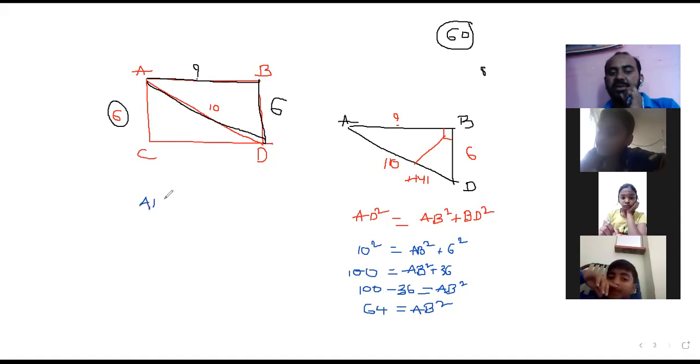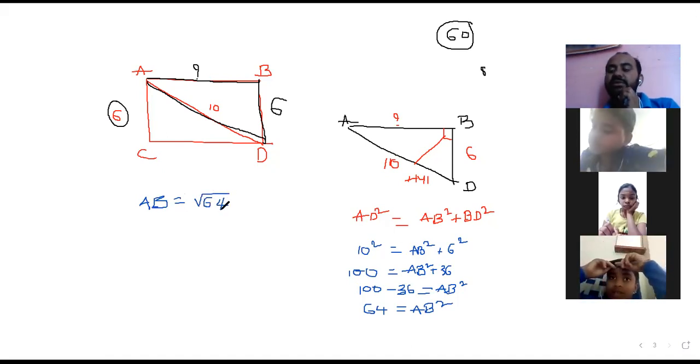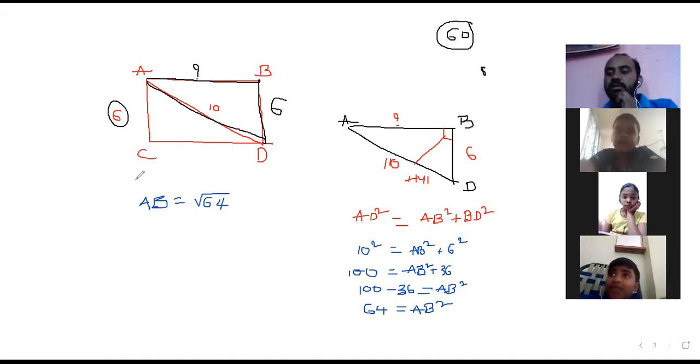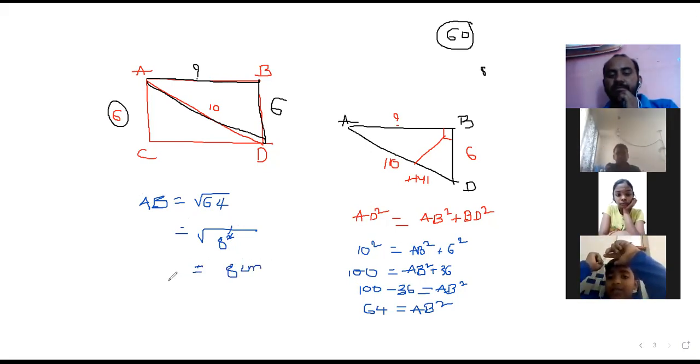So AB is equal to under root of 64. Where do you get 64 as a perfect square? 8. So instead of 64, I can write 8 square. Square root cancels. My answer is 8 centimeters.